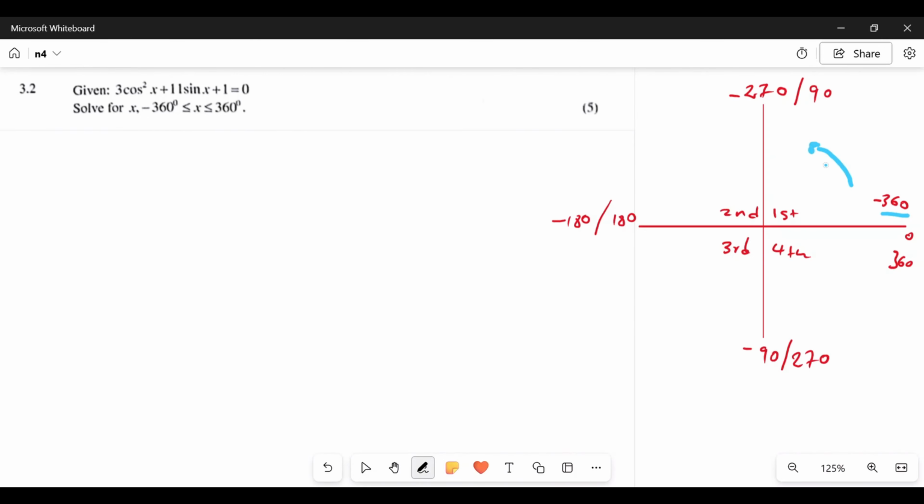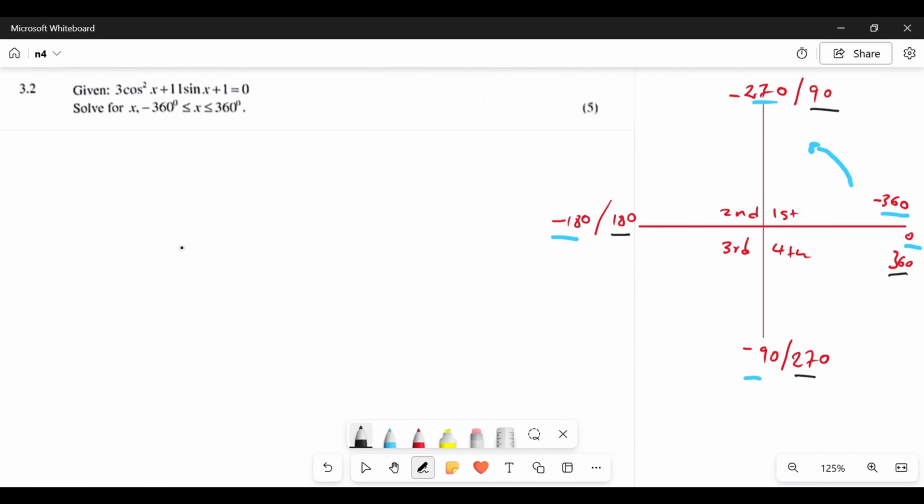As we are moving in this direction, from negative 360 degrees to negative 270 degrees to negative 180 to negative 90, and then back to 0. Remember, we are moving from negative 360 to 360. Now from 0, we are moving to 90, 180, 270, and then 360. Like I said, we have two cycles, so we circle it two times here.